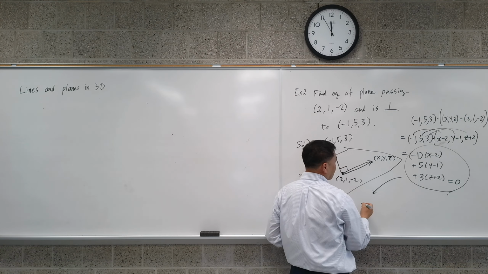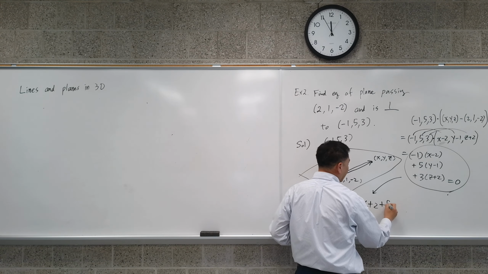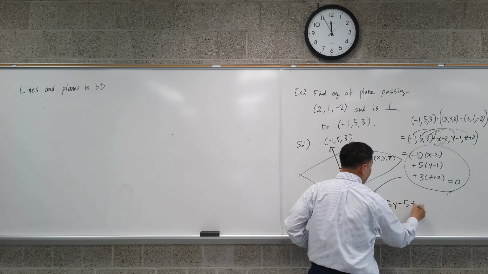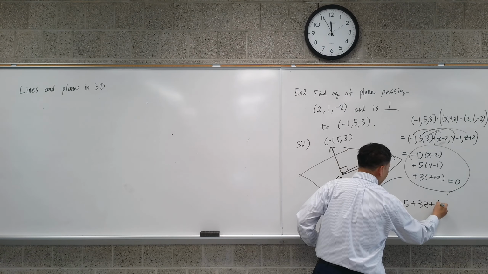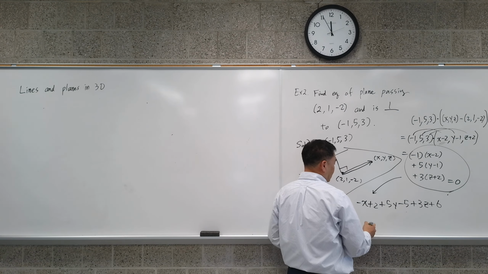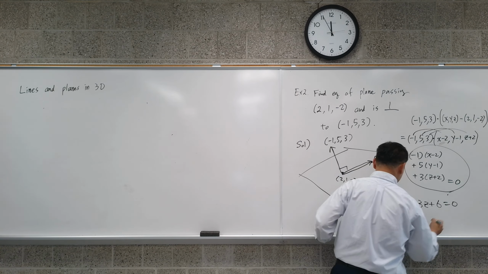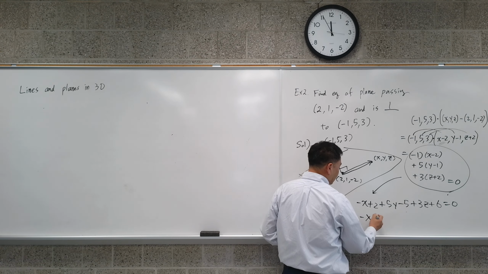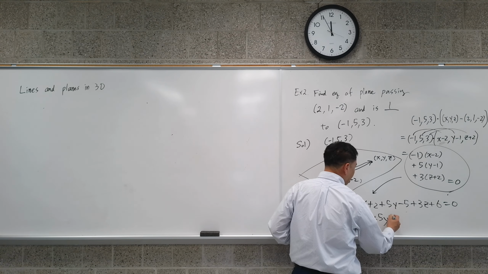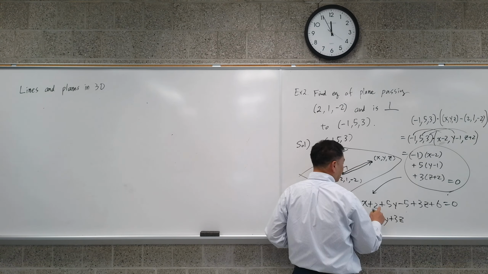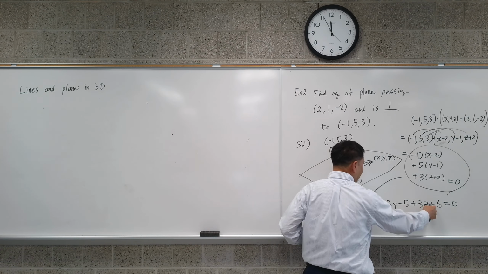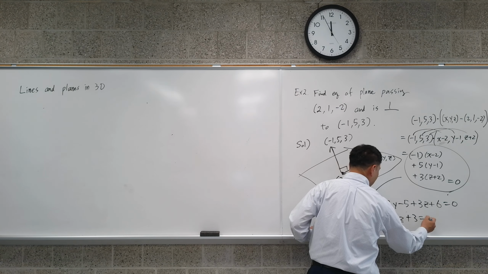So you have negative x plus 2 plus 5y minus 5 plus 3z plus 6 equals 0. And then negative x plus 5y plus 3z, and then 2 minus 5 is negative 3, plus 6 will be positive 3, equals 0.